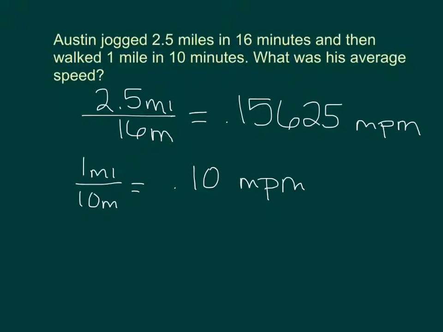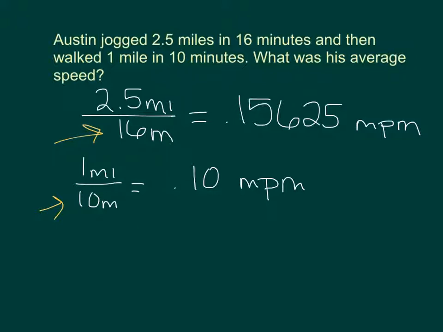So now you go into figuring out how to calculate the average speed, because we cannot just combine these speeds together and find the average like we normally would, add them together and divide by 2. That doesn't work when we have weighted rates. By weighted, I mean that these numbers are different.